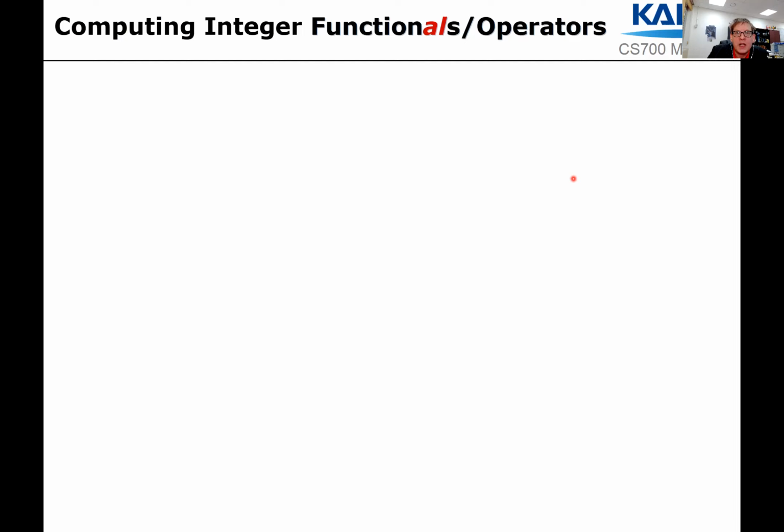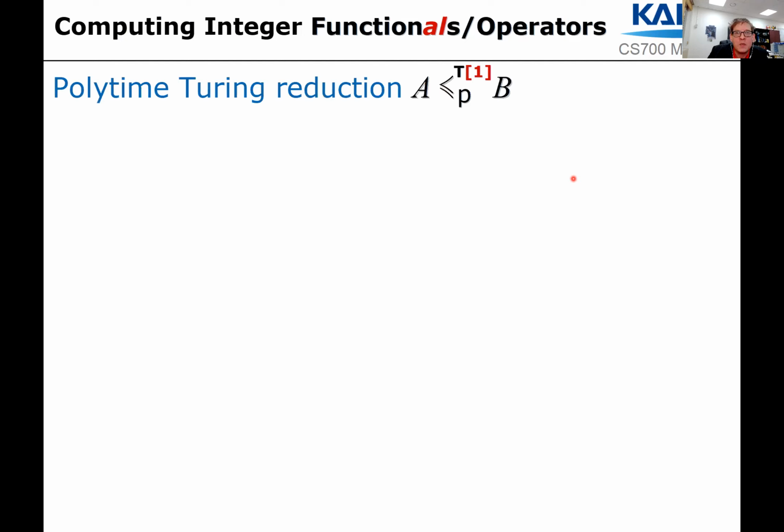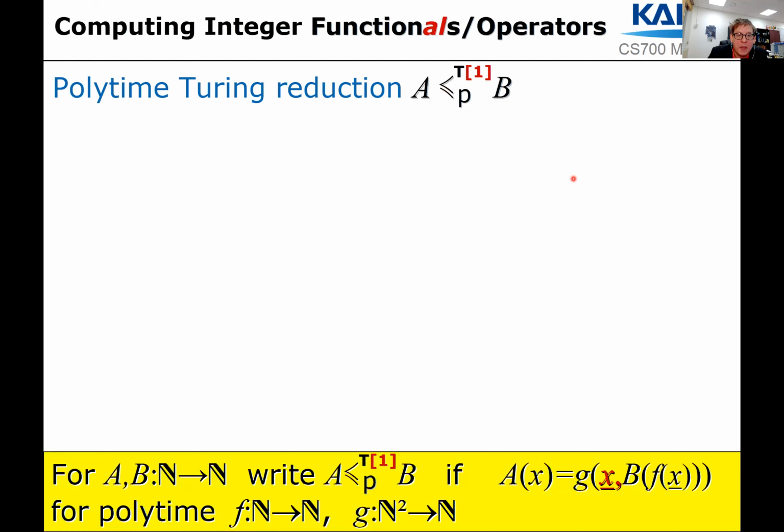Computing integer functionals and operators. And to recap, we've implicitly already discussed that in a static setting when we discussed polynomial time Turing reduction between integer function problems, namely integer functions A and integer functions B. A is polynomial time Turing reducible to B if A can be computed using B as an oracle in polynomial time.